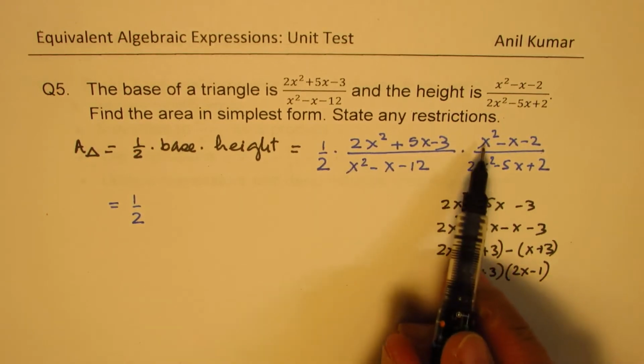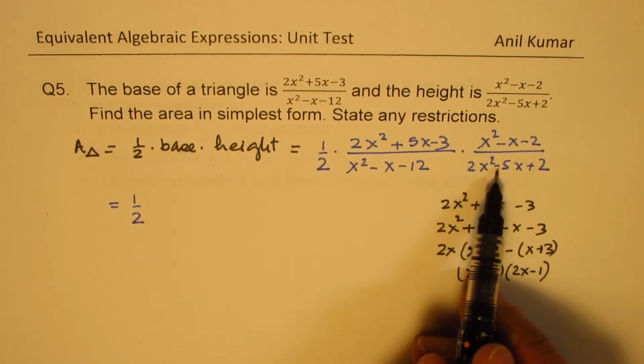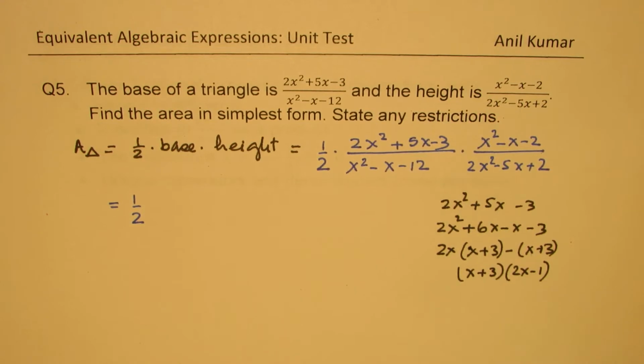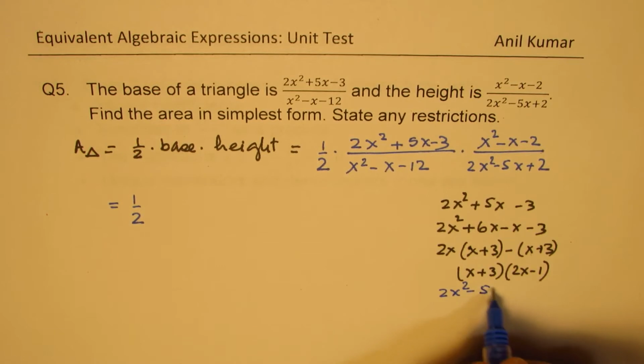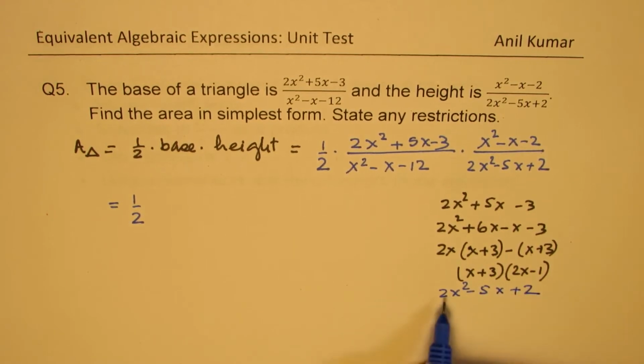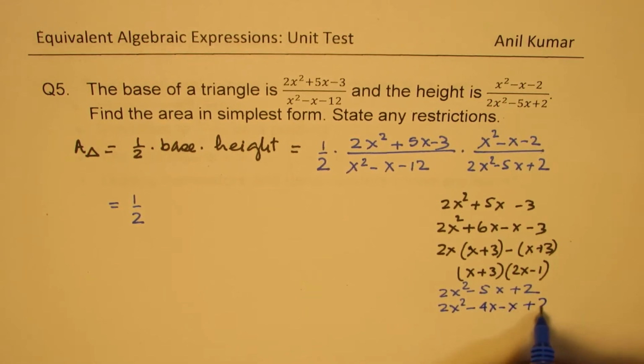The other term is with 2x squared minus 5. We'll do this one also, which is 2x squared minus 5x plus 2. So 4 is the product, sum is minus 5, both can be taken as negative. So we get 2x squared minus 4x minus x plus 2.